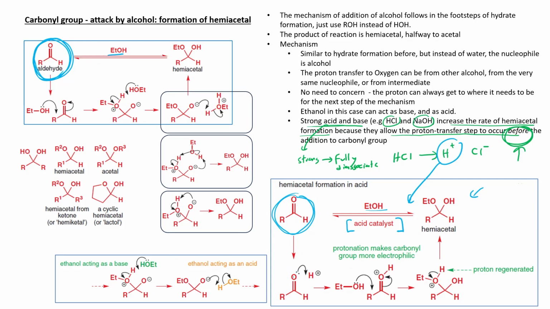protonation first. So the lone pair on the carbonyl group will attack this proton first, because it is small, so it is easy to be attacked by the aldehyde itself. When that happens, it becomes positively charged, and then you have ethanol attacking the aldehyde, and you get more or less the same thing.